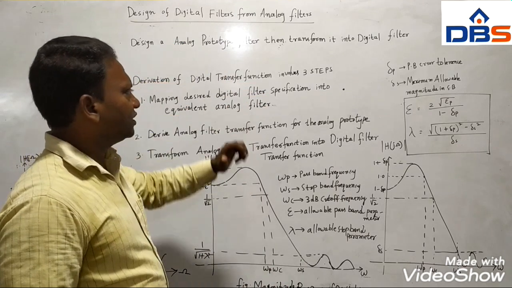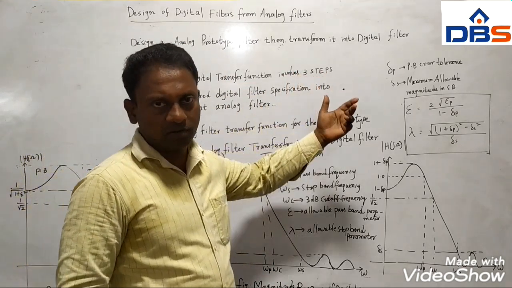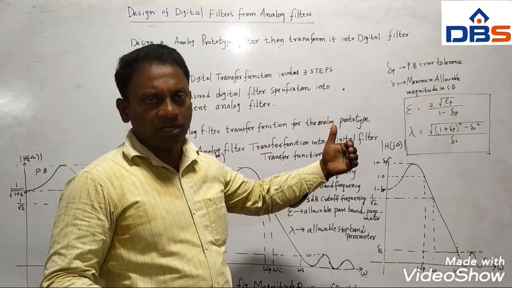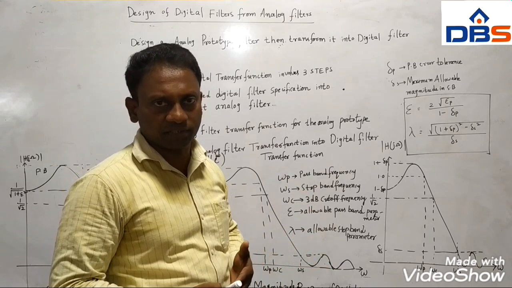This procedure is implemented using some steps. The derivation of the digital transfer function involves 3 different steps: how to derive the digital filter transfer function from the analog filter transfer function.